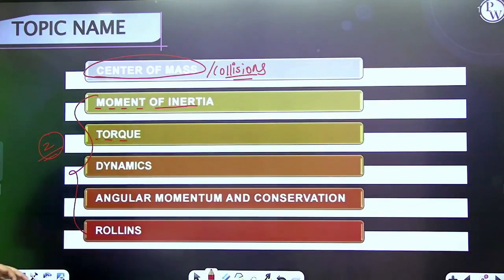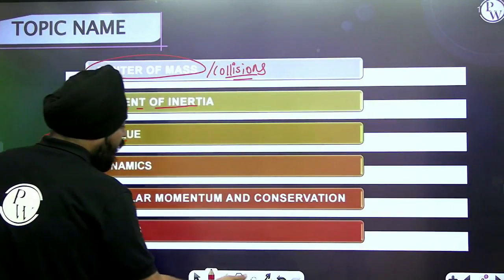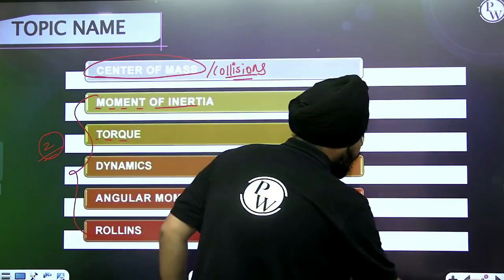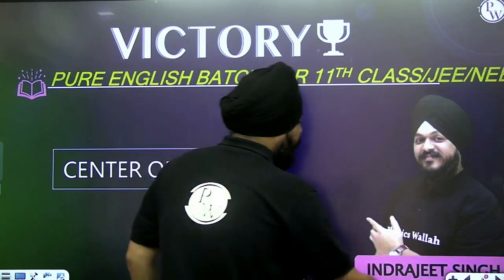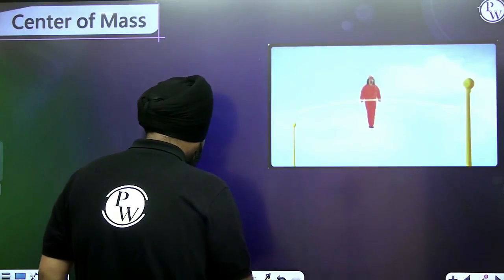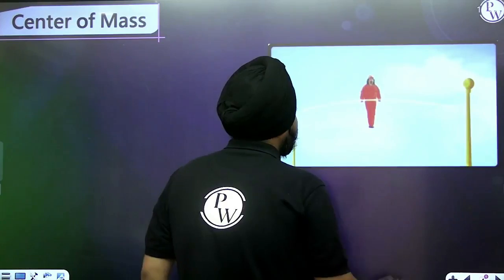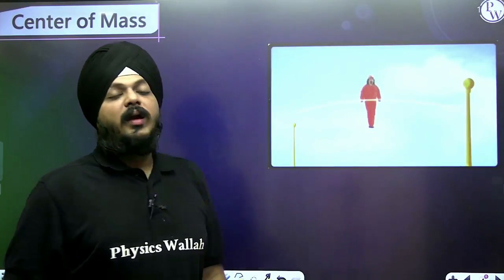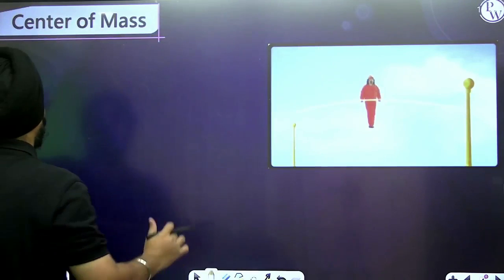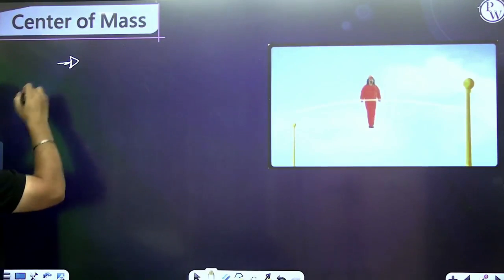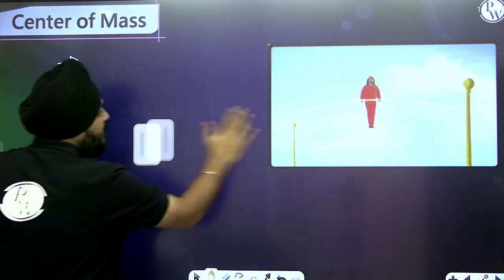So the entire concentration would be on the center of mass. Now let's move on to the basic definition of the center of mass, what actually it states. Let's write down the definition first and then we will discuss.